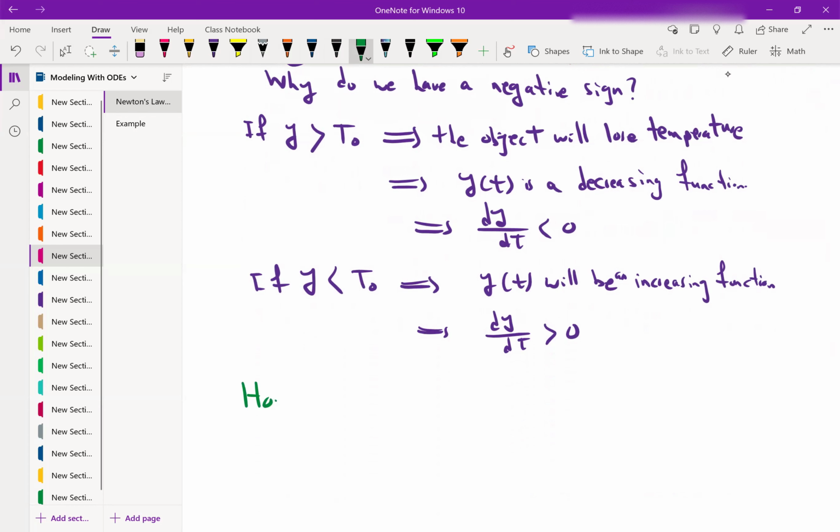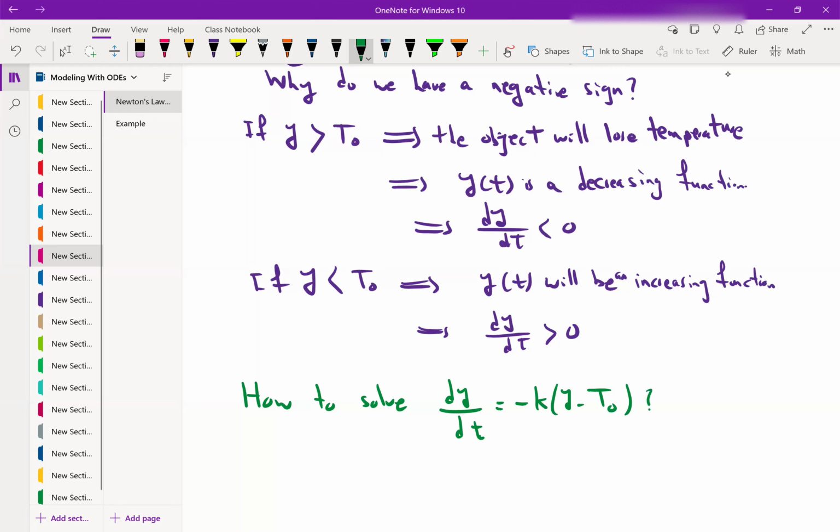How to solve dy/dt equals negative k times (y minus T naught)? There are multiple ways to solve this. For one thing, you can view this as a first order linear equation and then solve the equation.